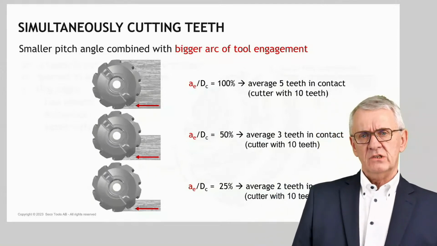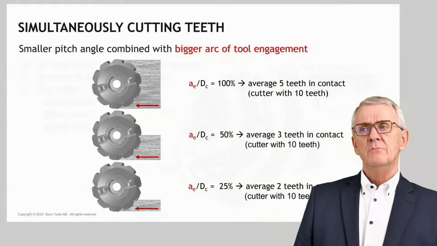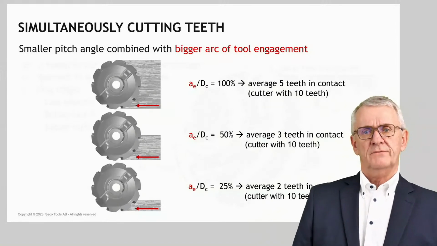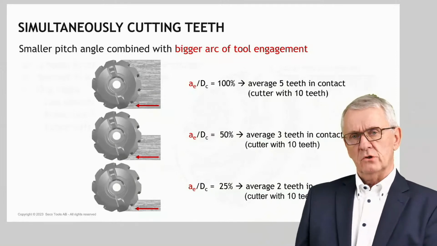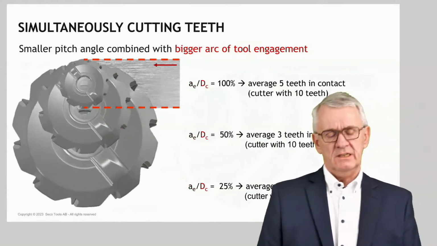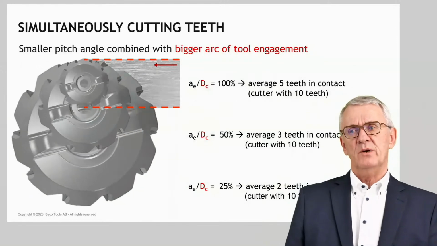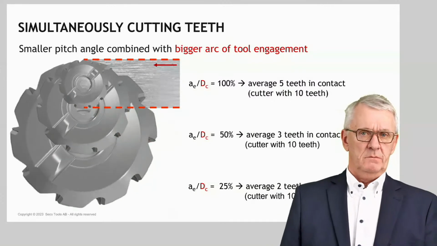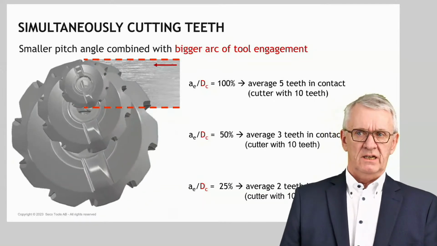So, trying to have as many teeth as possible cutting at the same time means that, if the milling cutter is a given element, you should try to go for big radial depths of cut. Now, if you say, wait a second, my radial depth of cut is fixed, I cannot play with that, then you can play with the DC, the diameter of a milling cutter, the other element in the AE/DC ratio.